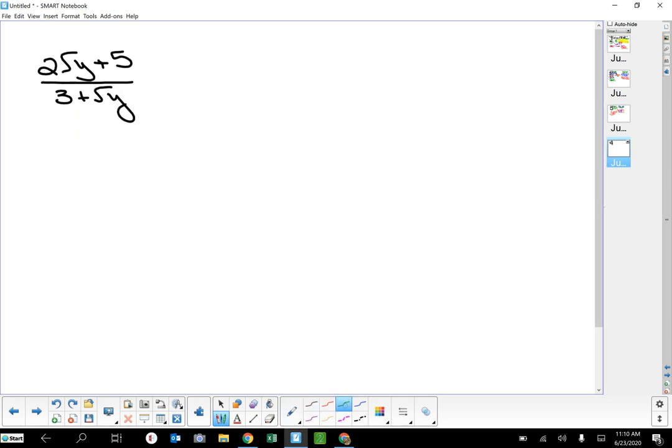All right, well, write down your conjugate. All right, so that is 3 minus rad y, top and bottom, and then anything with 2 or more terms goes into parentheses. Okay, so we are going to FOIL everything out, top and bottom.